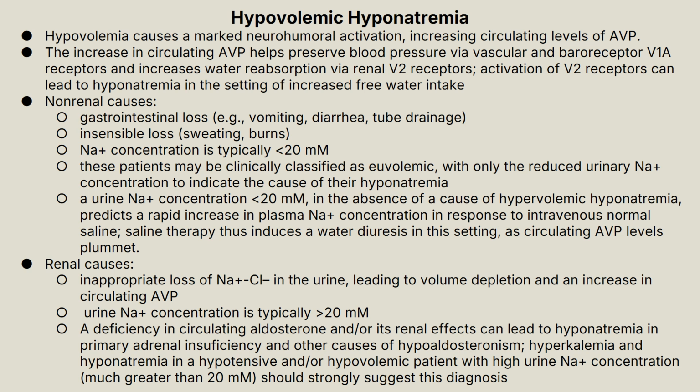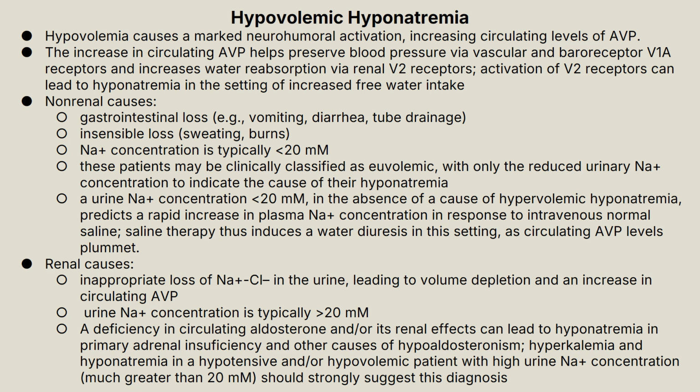A deficiency in circulating aldosterone and or its renal effects can lead to hyponatremia. Primary adrenal insufficiency and other causes of hypoaldosteronism, hyperkalemia, and hyponatremia in a hypotensive and or hypovolemic patient with a high urine sodium concentration, much greater than 20 millimoles, should strongly suggest this diagnosis.